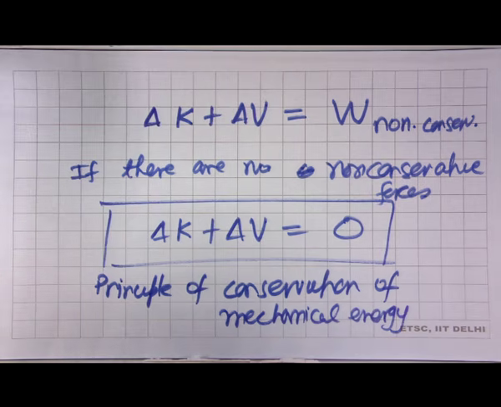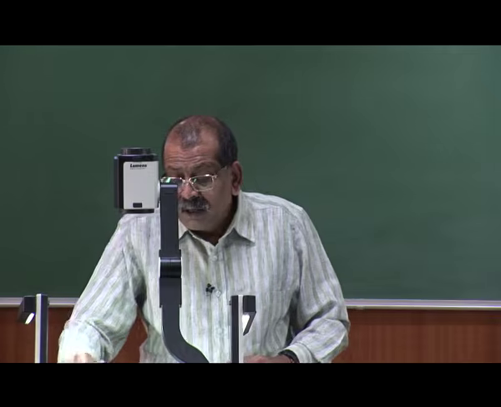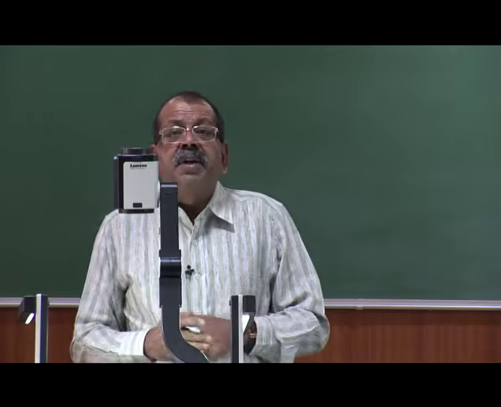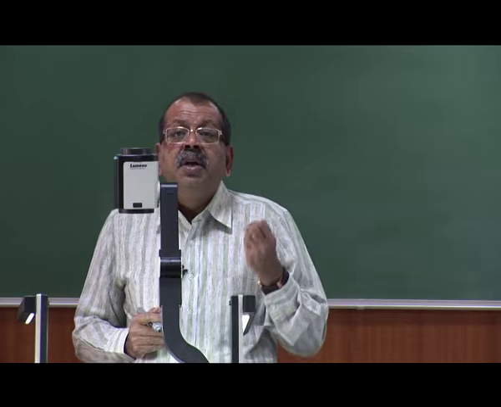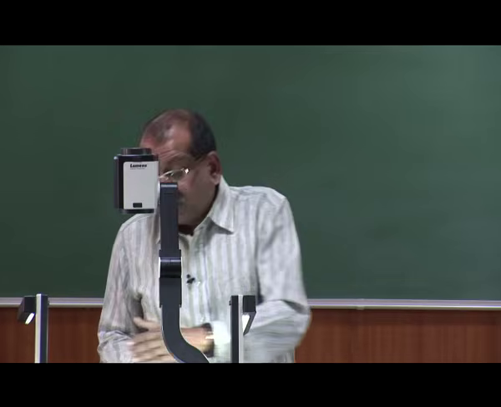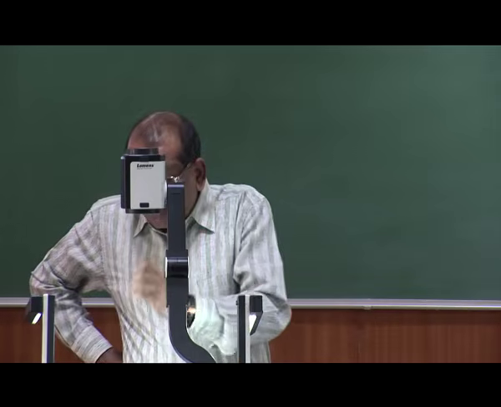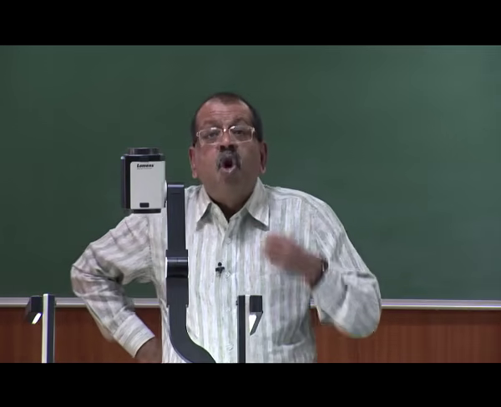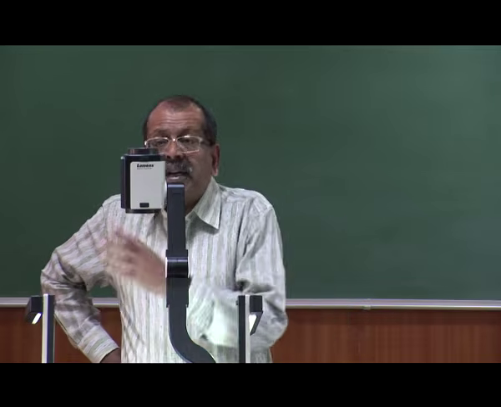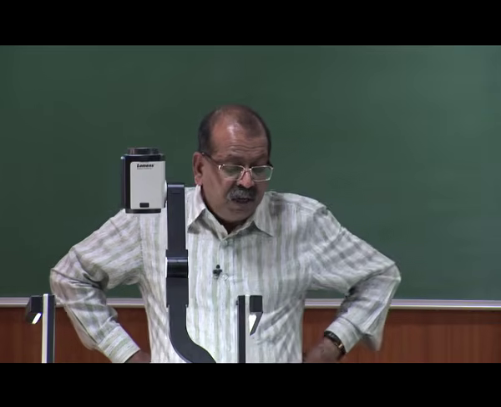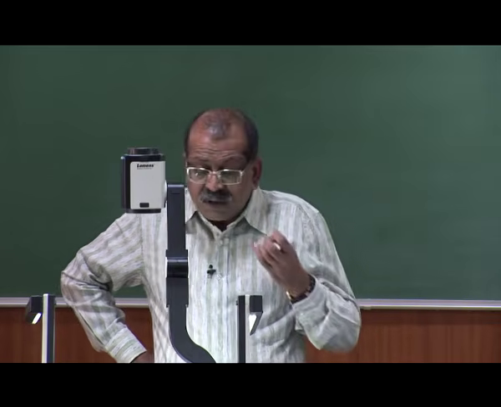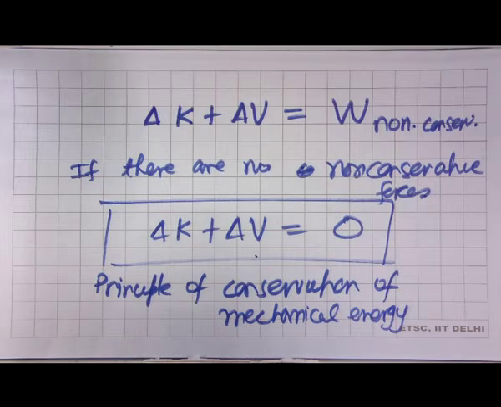But for this principle to be valid, keep in mind the non-conservative forces which are acting on the body do not do any work, and the work done by conservative forces is accounted for in the change of potential energy. So, only in a system where non-conservative forces are not acting or they do not do any work, change in kinetic energy plus change in potential energy is equal to 0. Otherwise, this change is equal to work done by non-conservative forces.